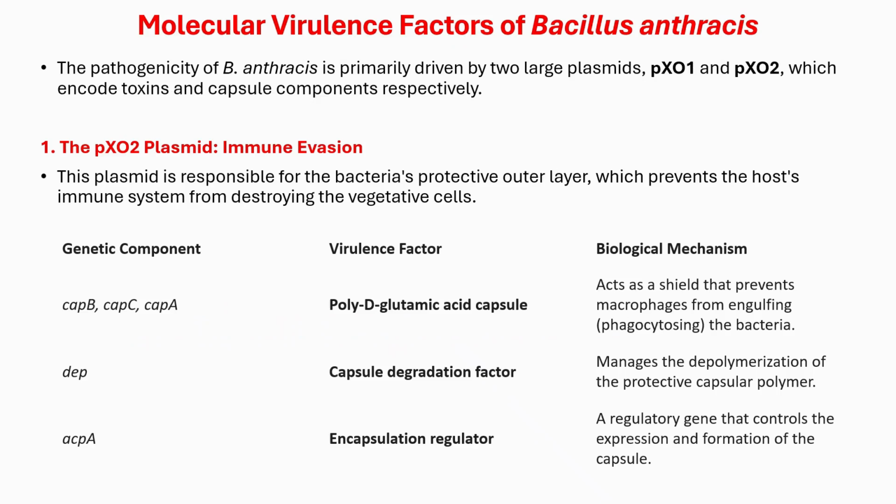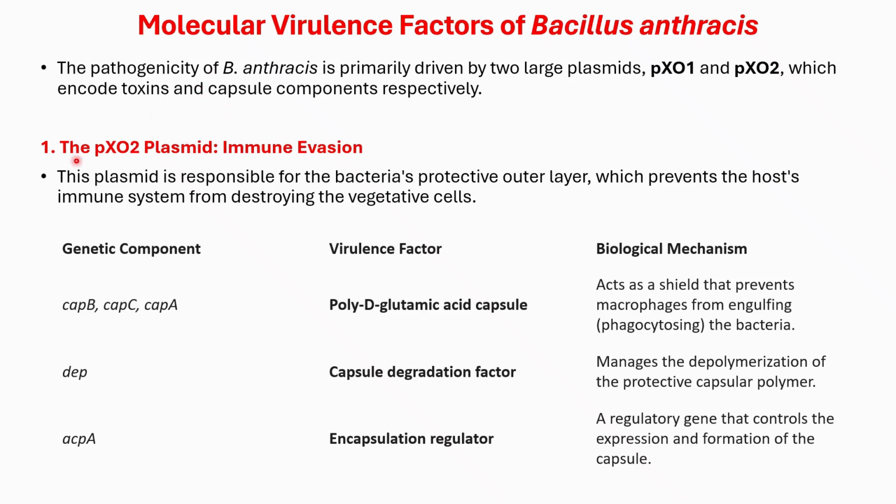Molecular virulence factors of Bacillus anthracis. The pathogenicity of Bacillus anthracis is primarily driven by the two large virulence plasmids that we discussed in the previous slide, that is pXO1 and pXO2. Together, these plasmids enable the organism to evade the host defense and cause severe systemic disease.